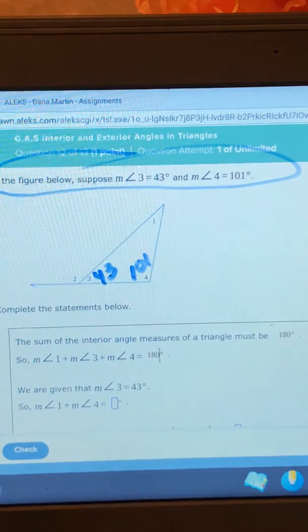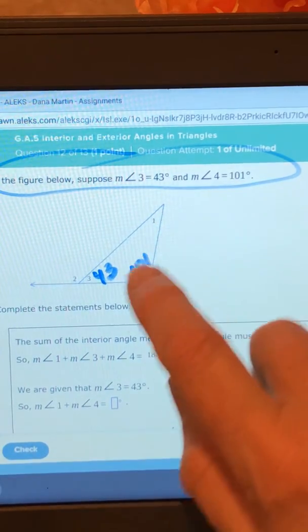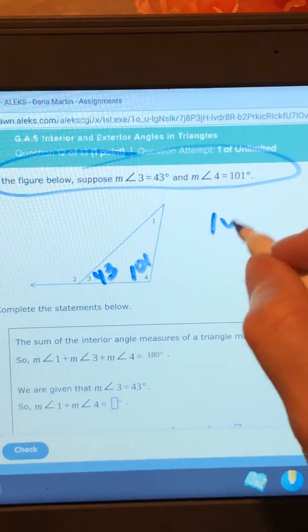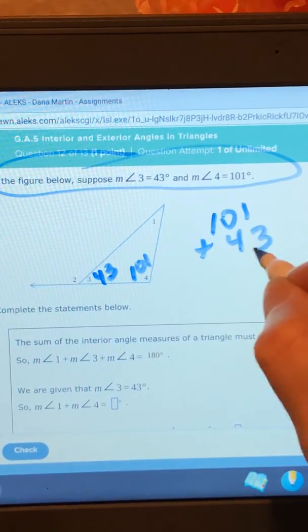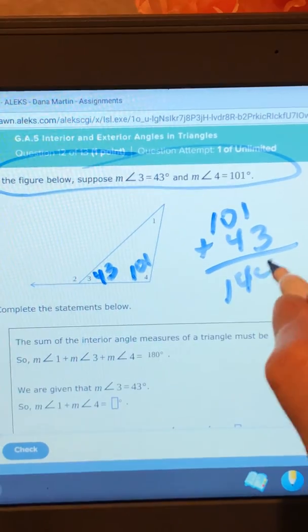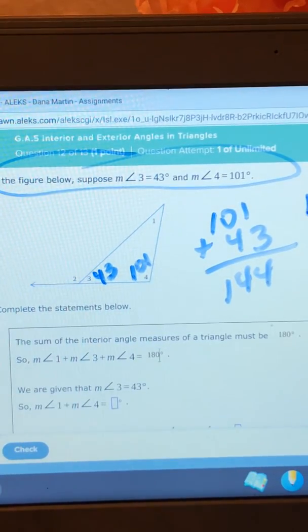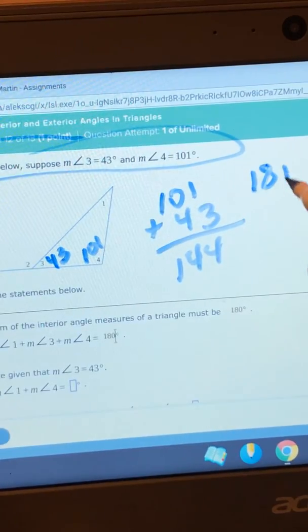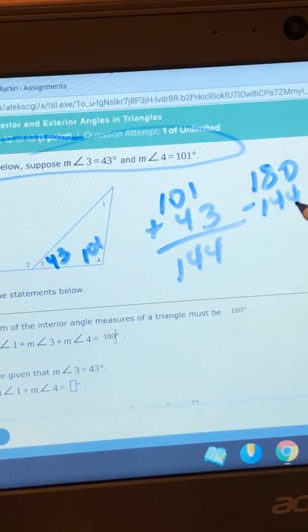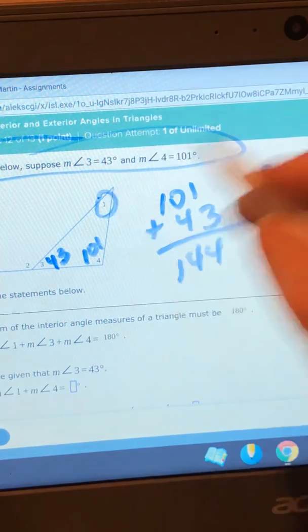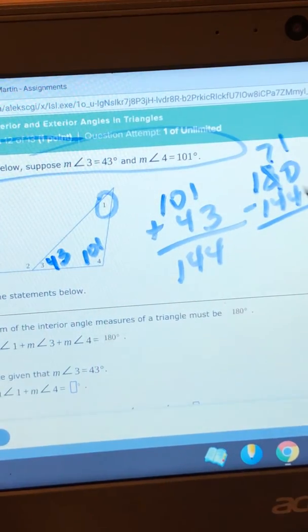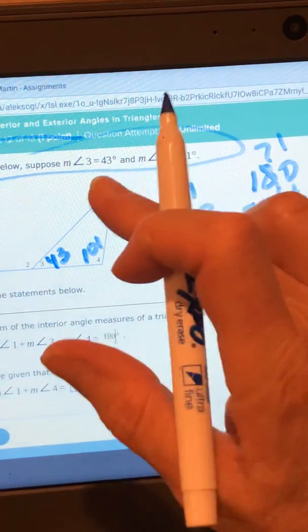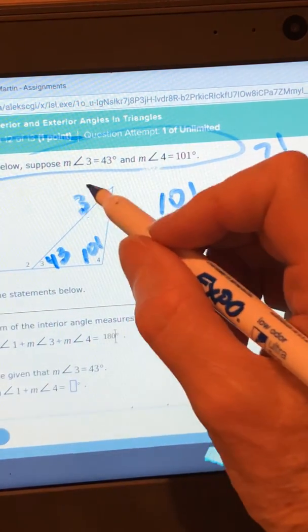We don't know what 1 is, but we can figure out what 1 is if we add 43 and 101, and we get 144, and we subtract that from 180. We'll figure out what angle 1 is. 36. So this one up here, angle 1 is 36.